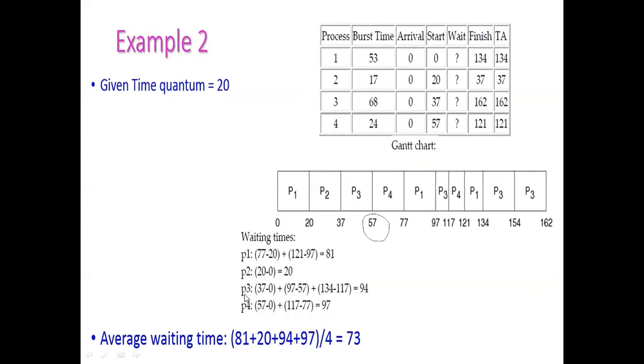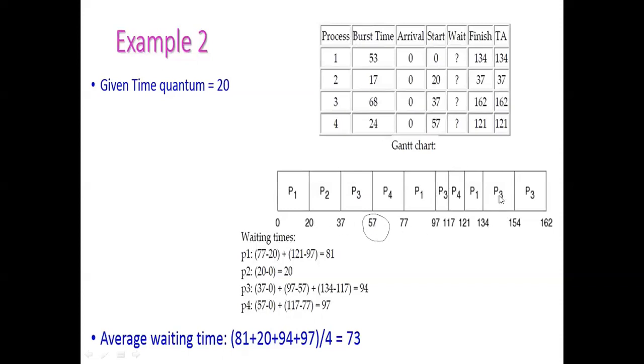And for the process P3, the waiting time is 37 minus 0 plus, we need to find where the next P3 is depicted in the Gantt chart. So 97 minus 57, that is the end of this P3 slice.